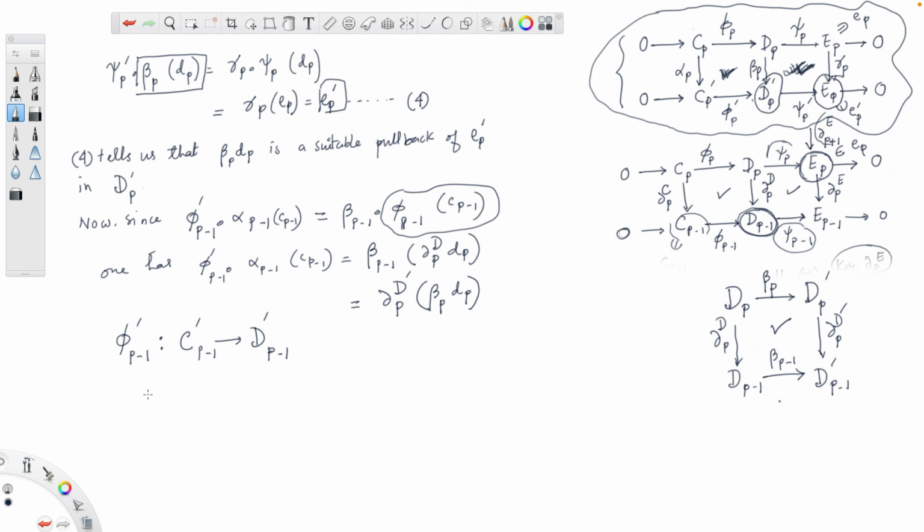And here we have seen that when the map phi prime_{p-1} acts on alpha_{p-1} c_{p-1}, we get this element in D prime_{p-1}.